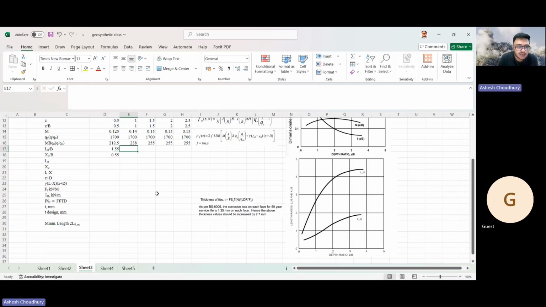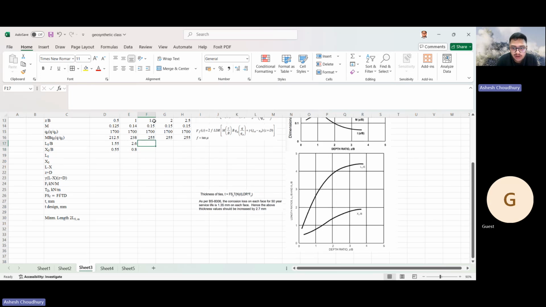And X naught by B as, surely here, 0.55. Then for Z by B 1, I have L naught by B as 2.6 and X naught by B as 0.8. For Z by B 1.5, L naught by B is approximately 3.4 and X naught by B is around 1.1.